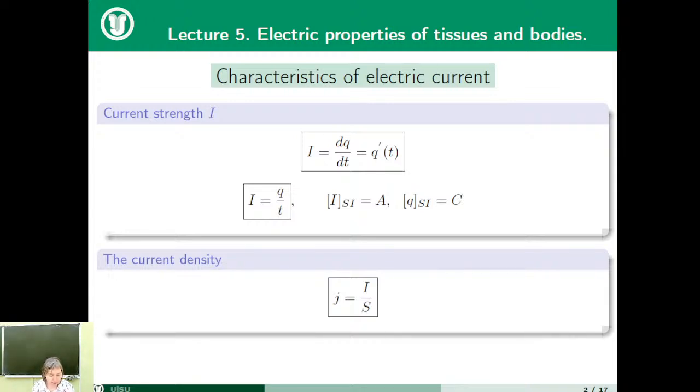If for any equal time intervals the equal quantities of electric charge are carried, then the current will be called continuous or direct.